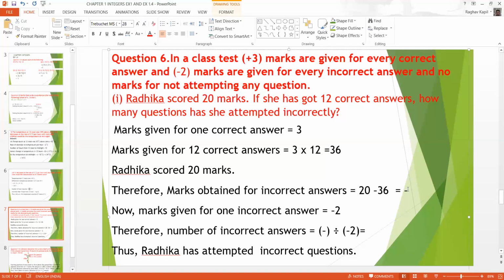So she got minus 16 marks for incorrect. That's why it will be a negative sign. And the condition is marks given for one incorrect answer is minus 2. So the number of questions will be what? When I divide minus 16 by minus 2, whatever the result will be, that will be the number of incorrect questions. Okay.